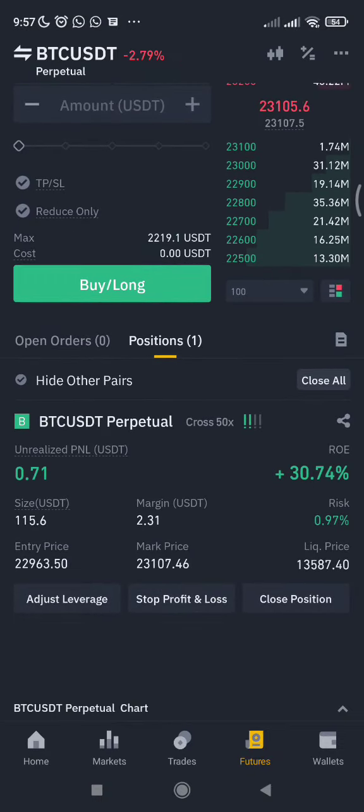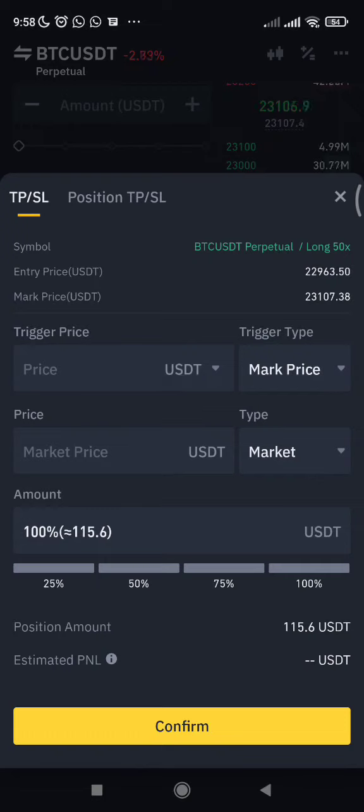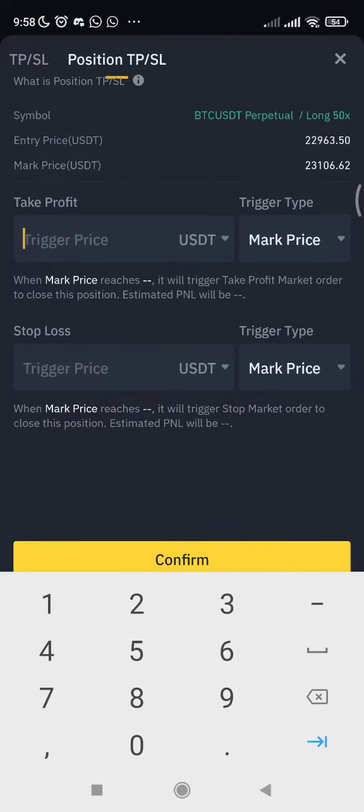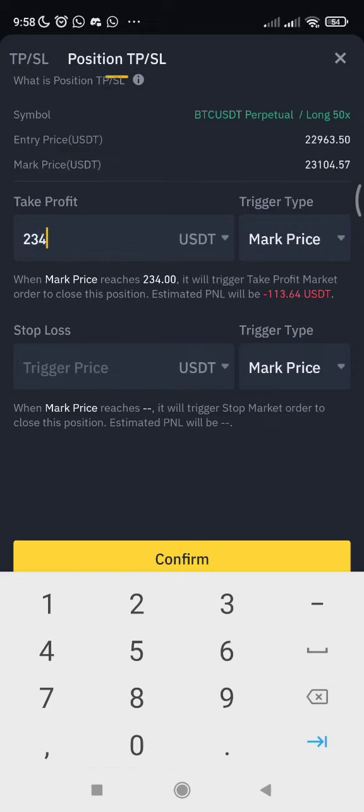I can highlight it, then tap on it, and then this interface will open up. Go to position TPSL, that's take profit stop loss. Click on it. Now the first one above here is your take profit. According to your signal, let's assume that the TP2 is the take profit for BTC at 23,400. So all you need to do is input 23,400.